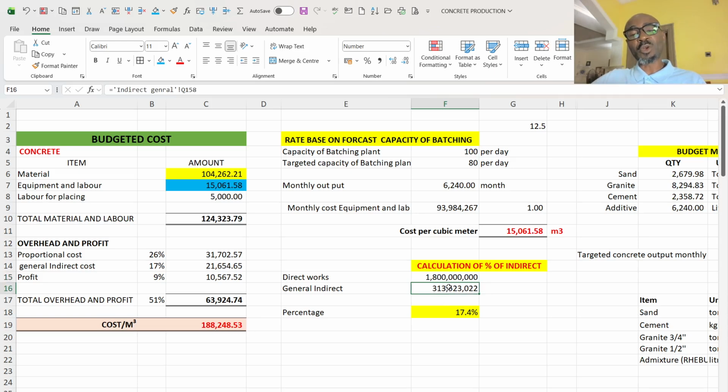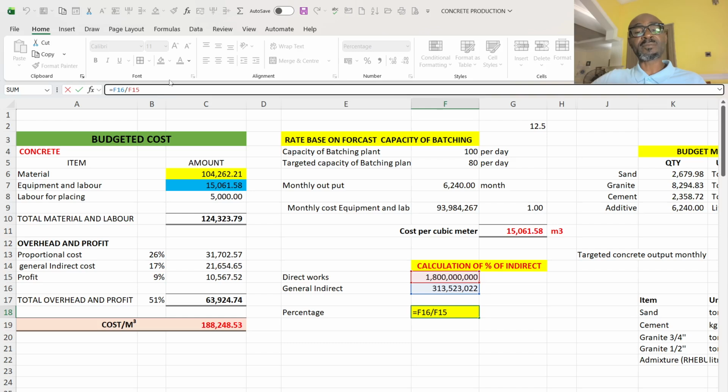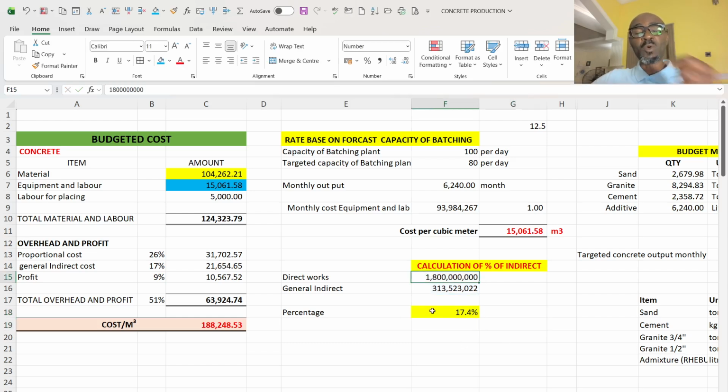And this is the corresponding preliminaries for that 1.8 billion. So I divided the 300 million by the 1.8 billion, it now gave me 17%. That is the total direct works that will be carried out, that this 317 million prelims will be servicing. So it gave me 17%.